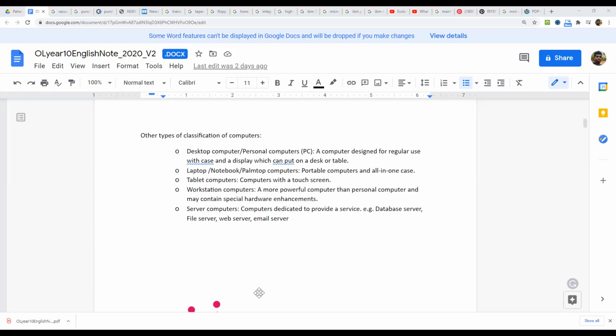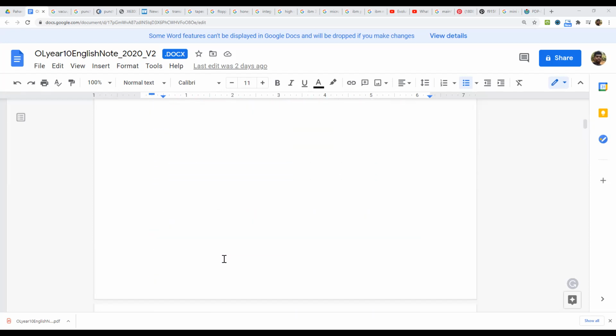Likewise, with an email server like Gmail, we connect to the Gmail email server and access our email service. Those computers which serve different services we call server computers, right? With that, we conclude the ways of classifying computers.